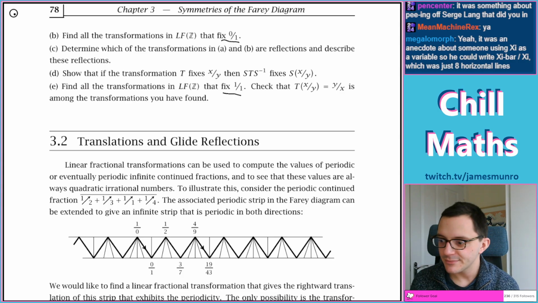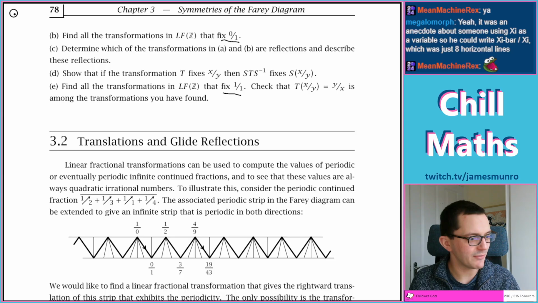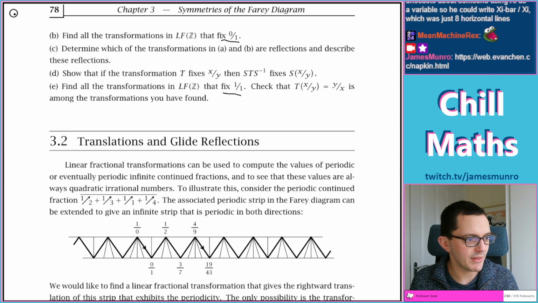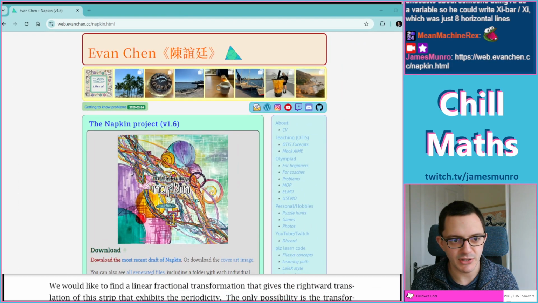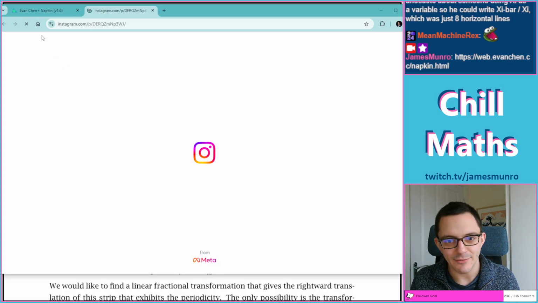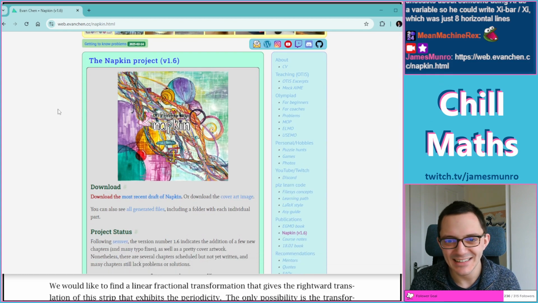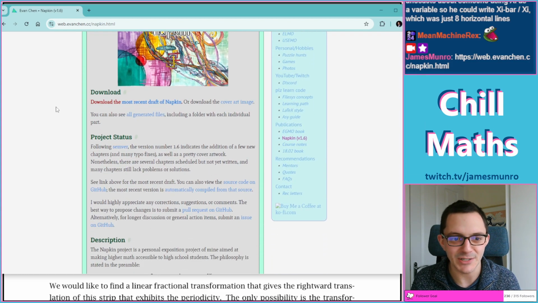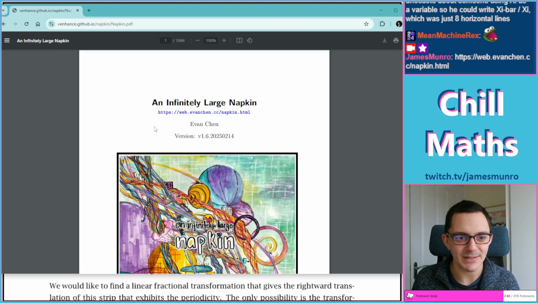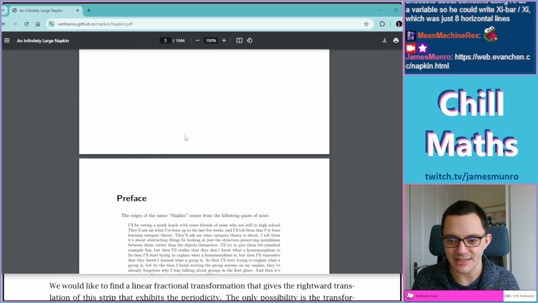The textbook that I found that I'm interested in, you might have heard of it before, is called Napkin by Evan Chen. I've heard the name Evan Chen before. I think they are something to do with Olympiads. They have written, whoa, crikey, I clicked an ad. They have written 1,000 pages of trying to explain hard maths to people, which I'm quite distracted by because it contains such exciting things as differential geometry.